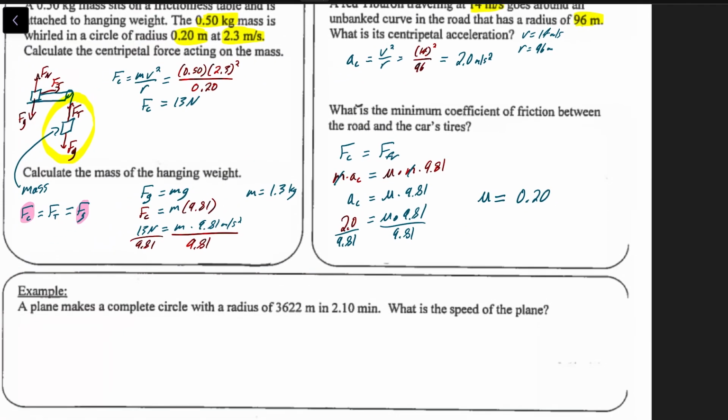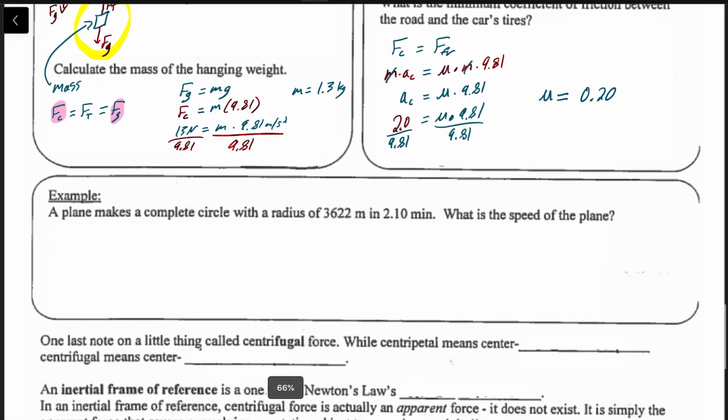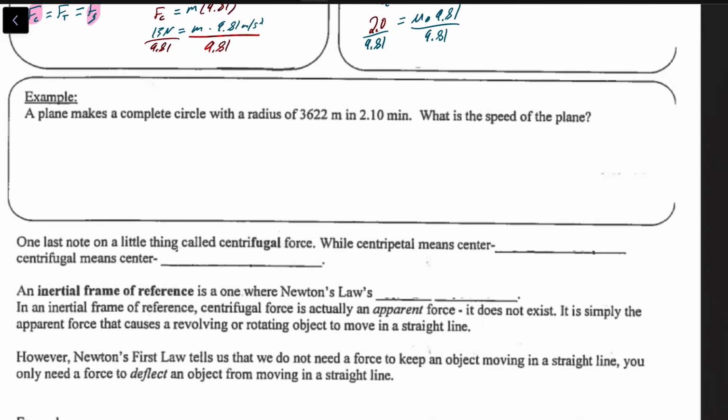One last example here of a plane making a complete circle with a radius of 3,622 meters, and it does so in a time of 2.1 minutes.